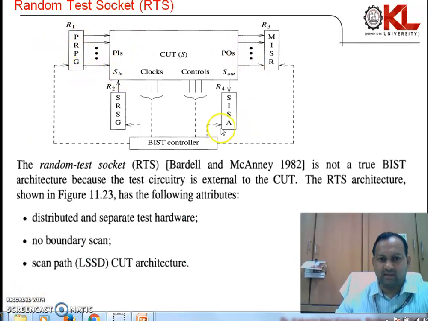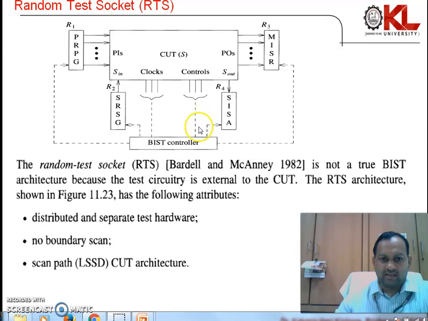The random test socket, introduced by Bardell in the year 1982, is not a true BIST architecture because the test circuitry is externally connected to the CUT. The RTS architecture has the following attributes: distributed and separate test architecture, no boundary scan, scan-based CUT architecture.